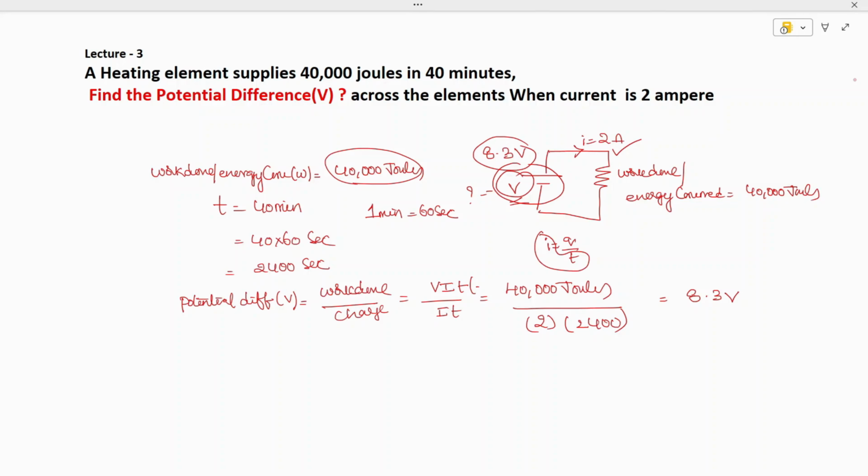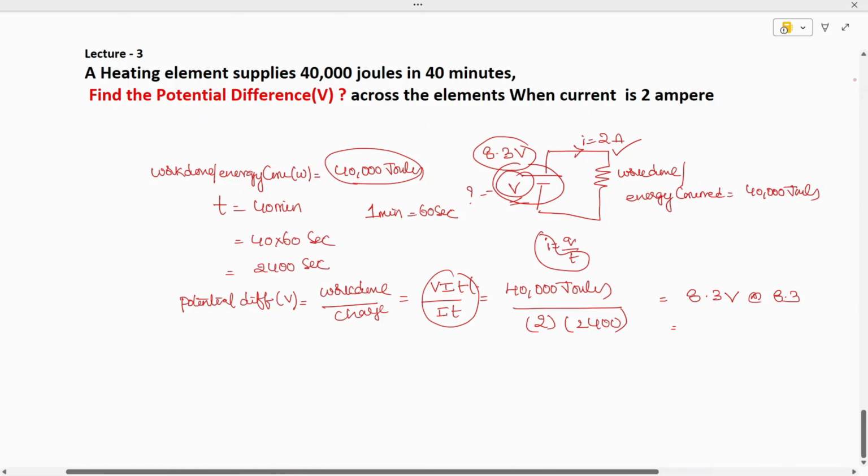You can also write the units of voltage another way: 8.3 volts is joule by coulomb. And the current of 2 amperes can be written as Q by T, coulomb by second.